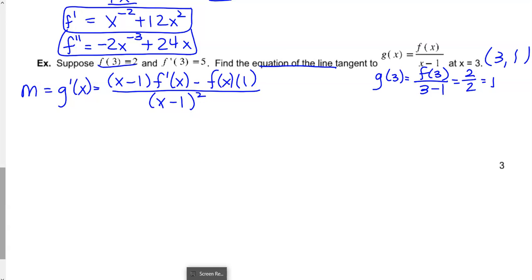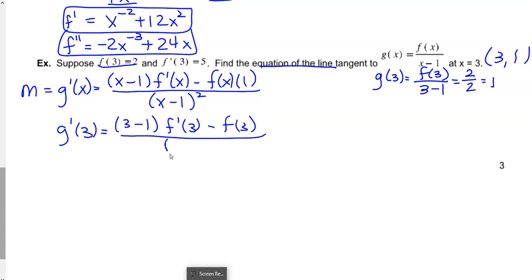Now, normally we would go and distribute and simplify things up, but here, notice that would get a little crazy. So I'm going to go ahead and find what is g prime of 3. And I'm just going to plug in those numbers. So sometimes it's okay to do that. Other times it'll be warranted to go ahead and simplify.